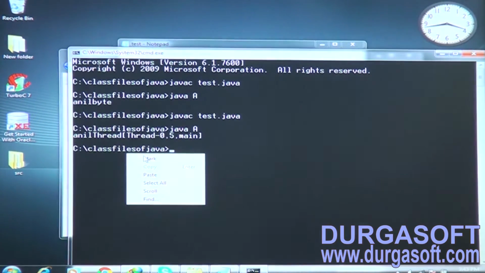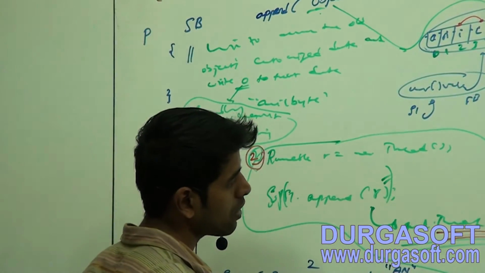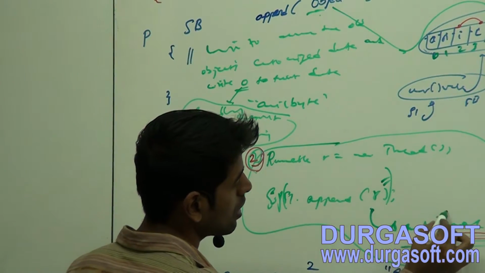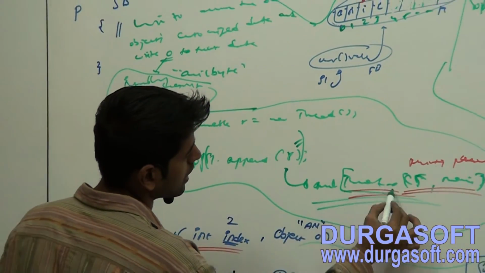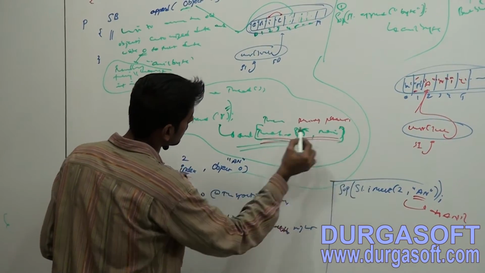Observe here, what is that? Thread name, priority, and parent thread name is the structure. Okay, observe friends. Here I have done wrong, this one should be thread name, priority, parent thread name.